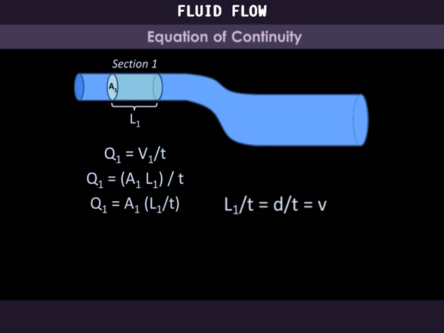Then we shall have Q1 is equal to A1 times V1, where V1 is the velocity of the fluid along section 1. And so, flow rate at section 1 is given as the cross-section area of section 1 times the fluid velocity in this section.